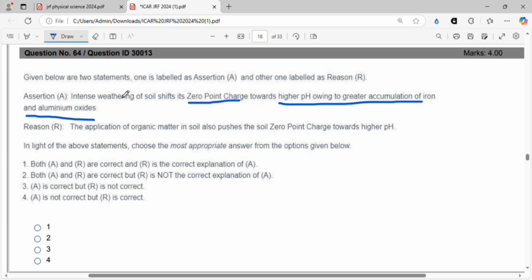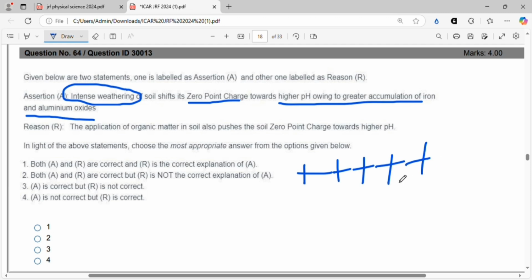We know what intense weathering does. Intense weathering of soil leaches the basic cations out from the topsoil, out from the soil profile, right? So the pH becomes acidic. And acidic pH means there will be a preponderance of positive charge in the soil clay colloids, right?